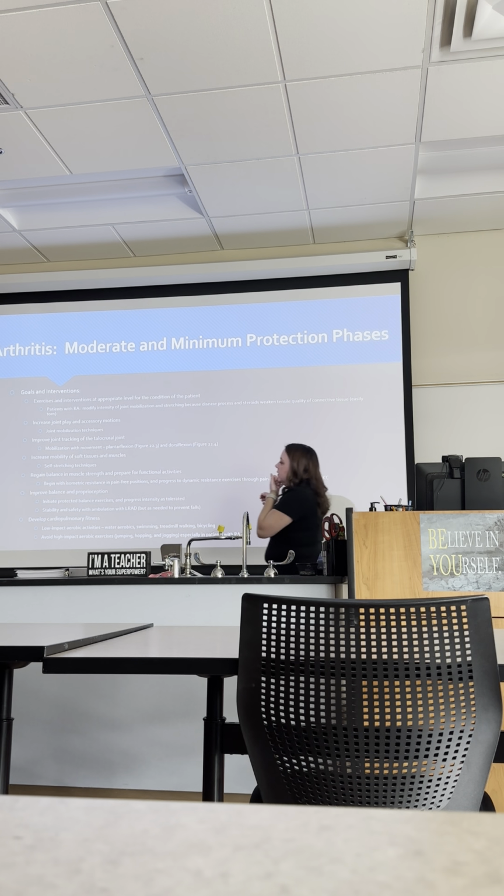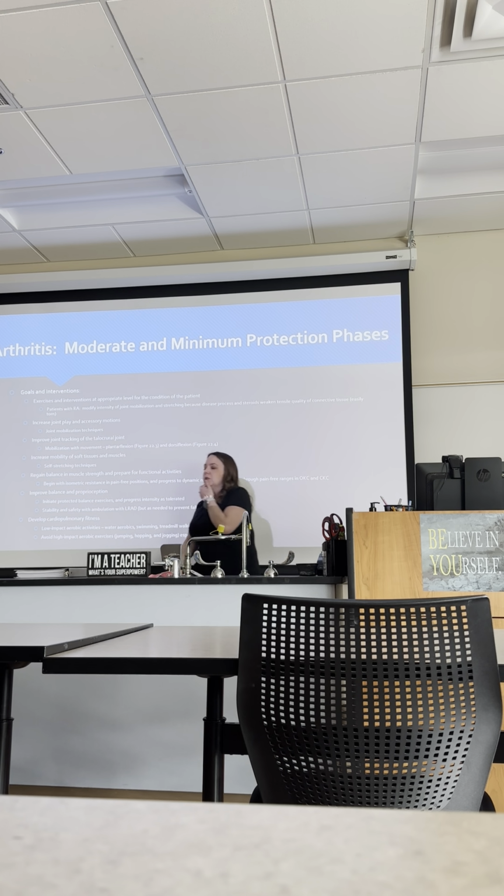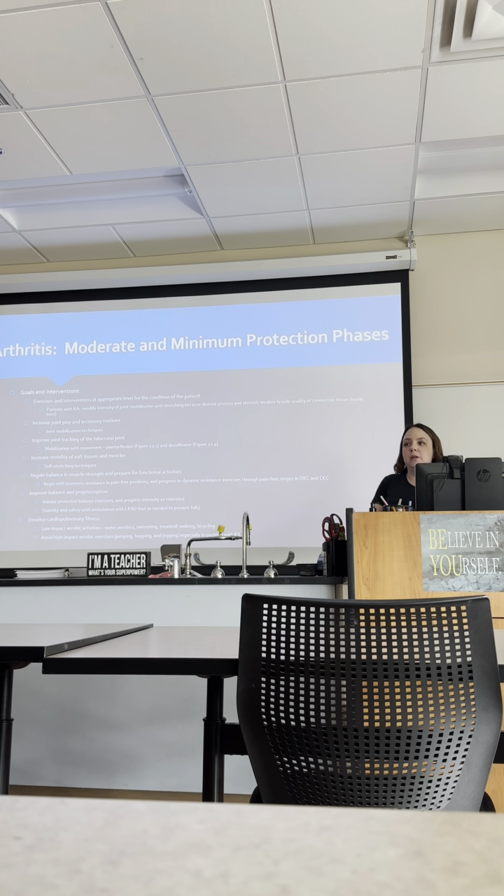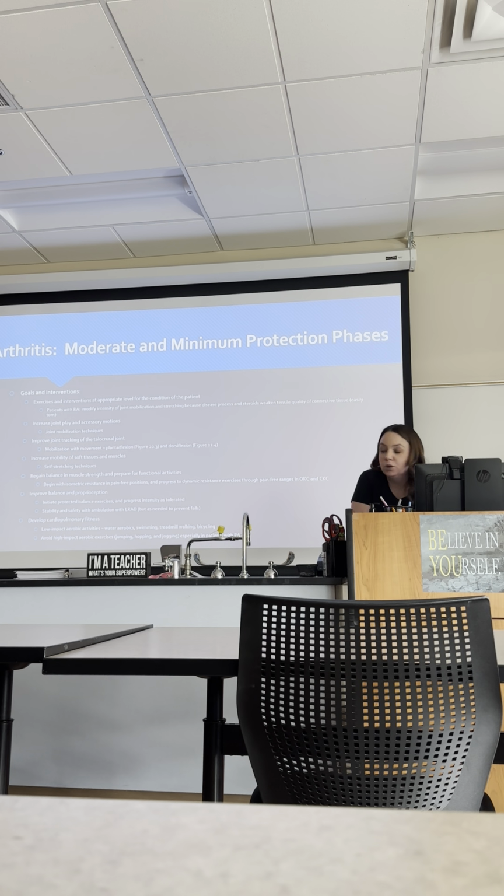One of the goals is to increase mobility of soft tissue and the muscles. If you were to do stretching, what muscles would you stretch with this patient? Gastroc? Yes, you stretch the plantar flexors. They tend to be tight. And so offering that increase in flexibility, they can increase their range of motion to do all those functional activities.